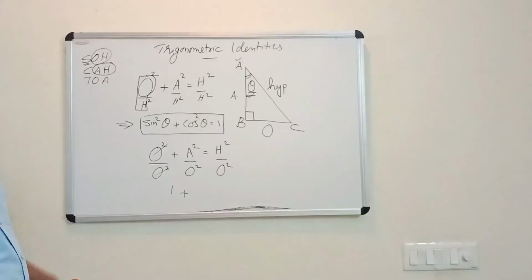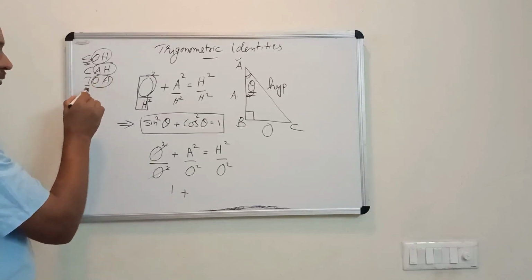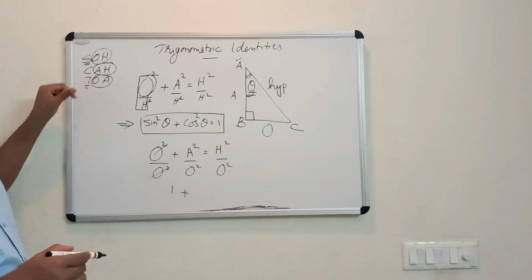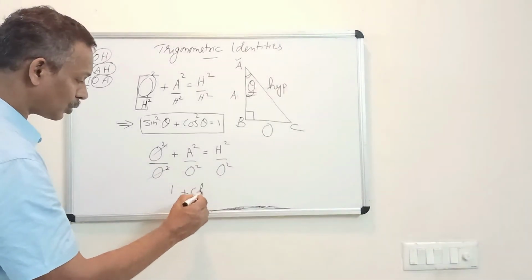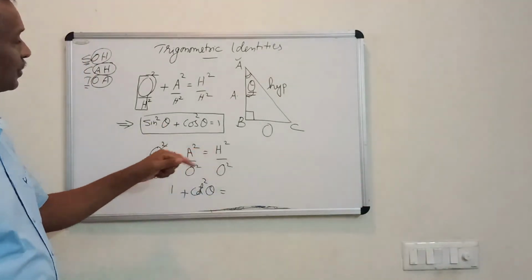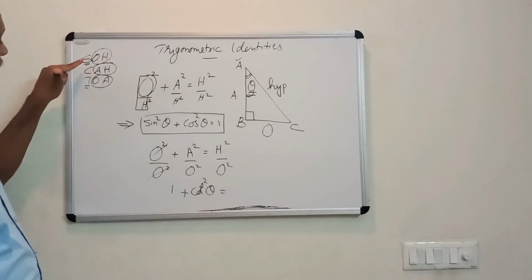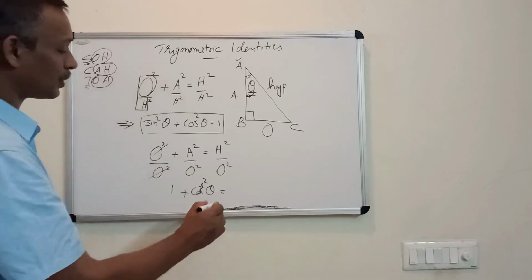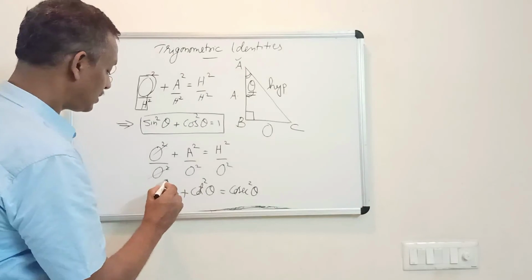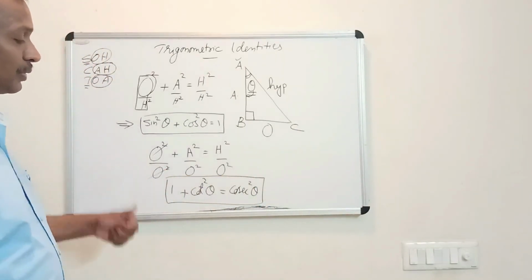You look at the first three SOHCAHTOA, you can see opposite by adjacent is tan, but here adjacent by opposite, so it will be the reciprocal of tan. So we can write 1 plus cot square theta is equal to hypotenuse by opposite. You cannot see, but you can see opposite by hypotenuse. So it will be the reciprocal of sine. Sine's reciprocal is cosec. Cosec square theta. So this leads to second trigonometric identity based on Pythagoras theorem.